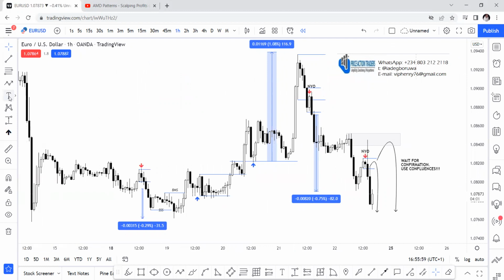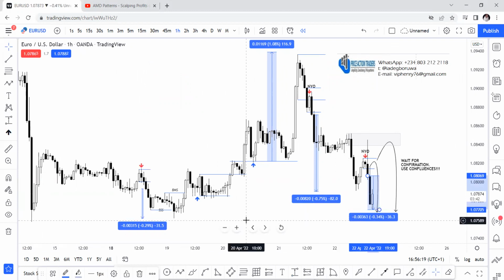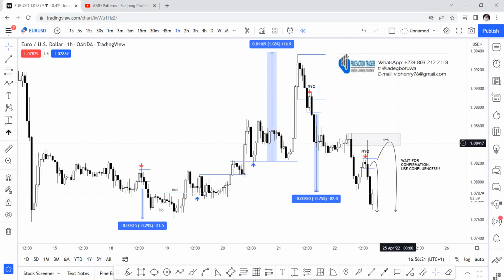I gave them the alert on my trading forum that if we see a close below here, we go to sell, almost about a 36 pips move down from New York.